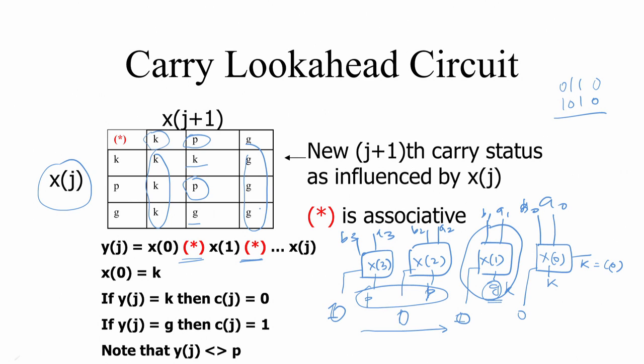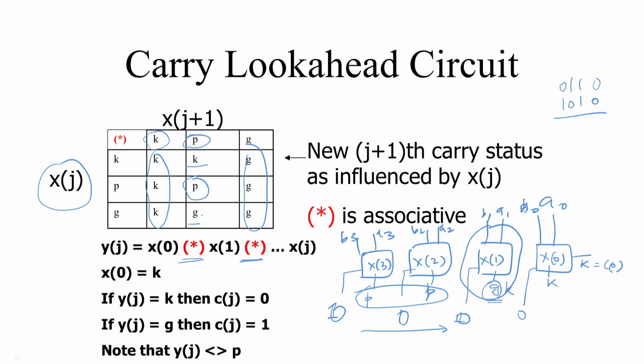But if my previous stage was kill and I am propagate, then I make myself kill. If the previous stage was generate, I make myself generate. If my previous stage was propagate, then I remain in a propagate state, right.